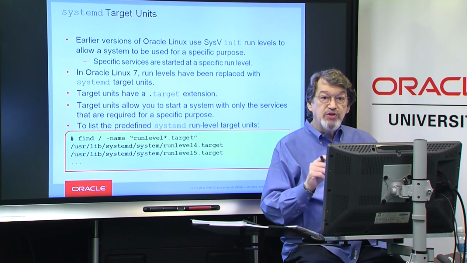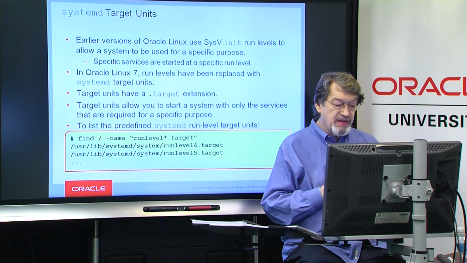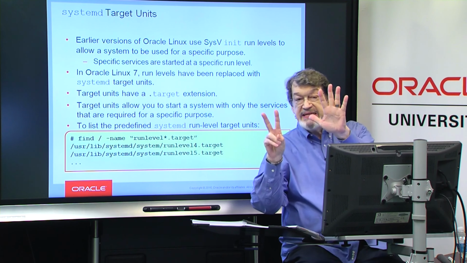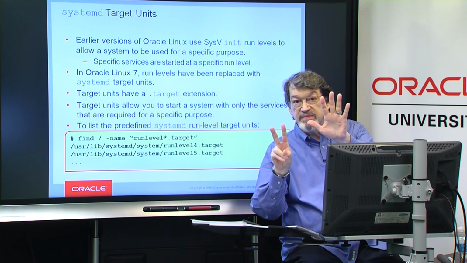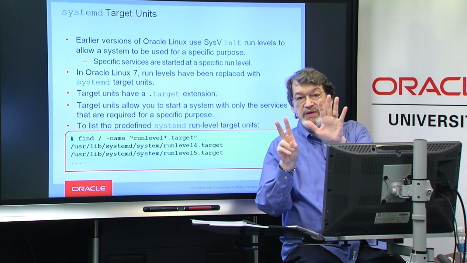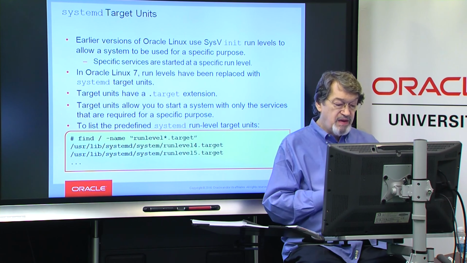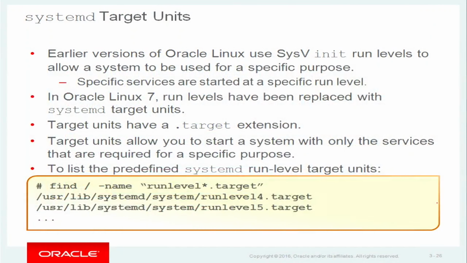Now, target units. There are still 7 run units. Start with 0, end with 6. All right? And so those are the same run units in Linux 6.